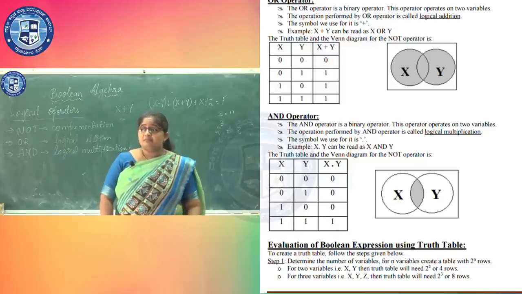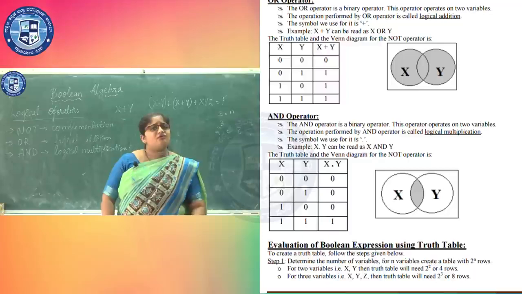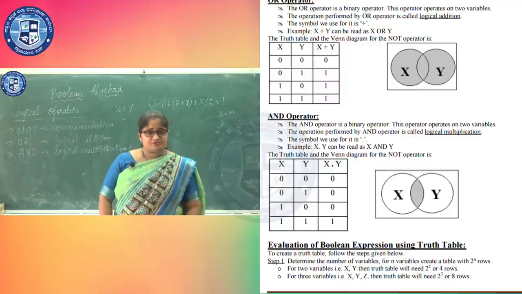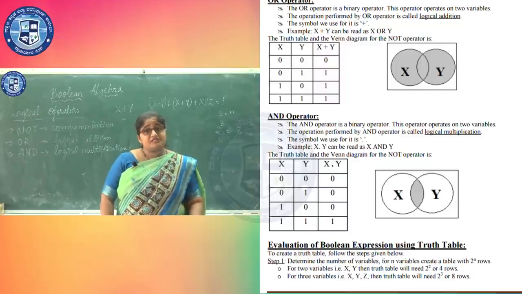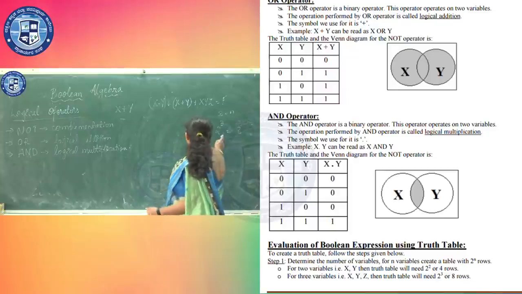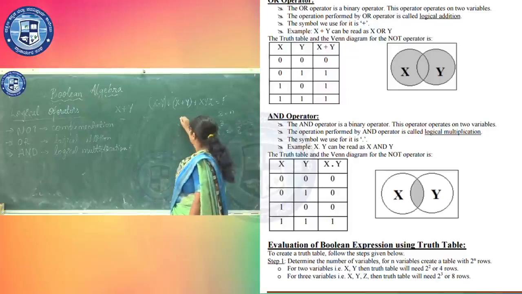The number of variables can be 2, 3, 4 or any number of variables you can have. So first we have to determine the number of variables, and the number of rows is 2 to the power of n. 2 to the power of 2 means I had 2 variables. 2 to the power of 3 means I had 3 variables.